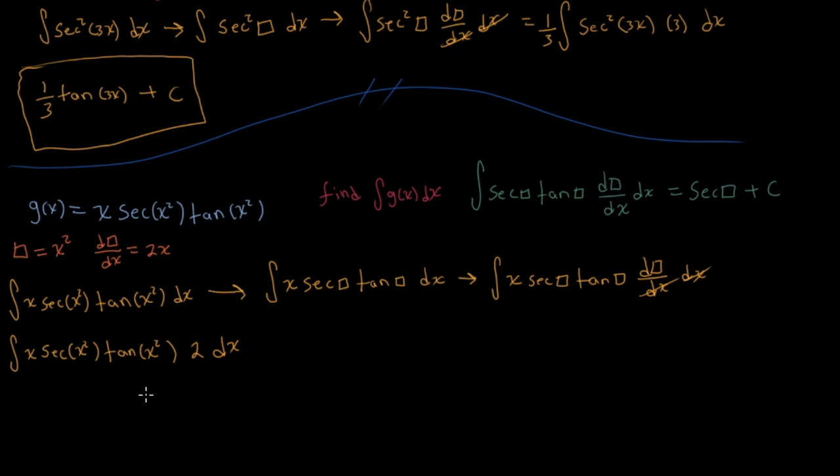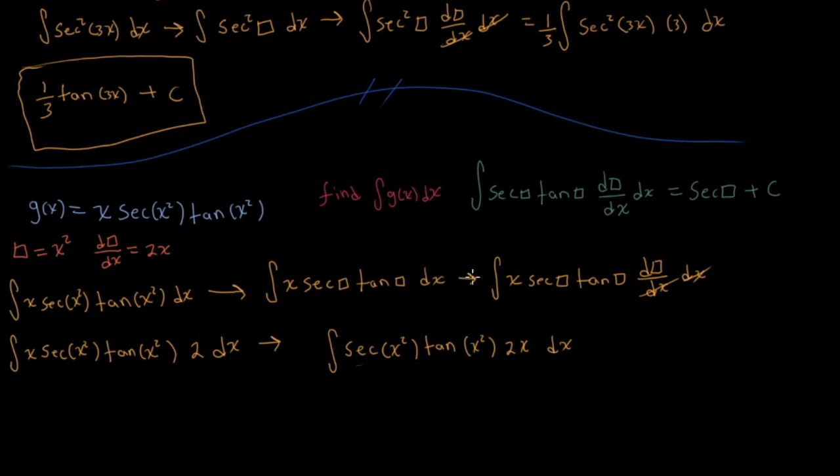Alrighty. So now this is in a good form for integration. I'll rewrite this here: secant of x squared times tan of x squared times 2x dx. As you can see, this entire integrand is in this form here.